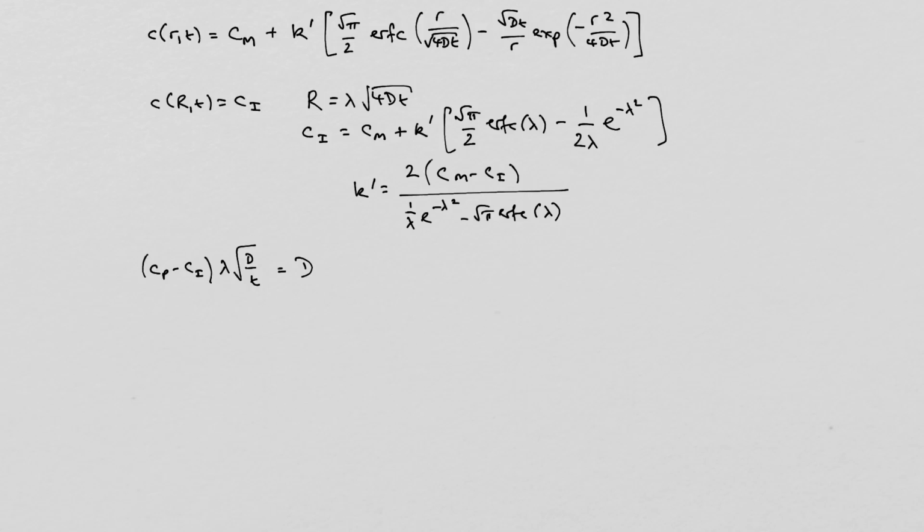And when I take dc by d little r here, only this term survives, that's a constant. So here is k primed, okay, and then you have to differentiate all of this.